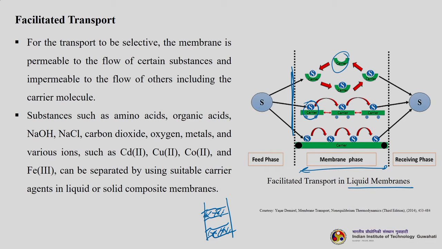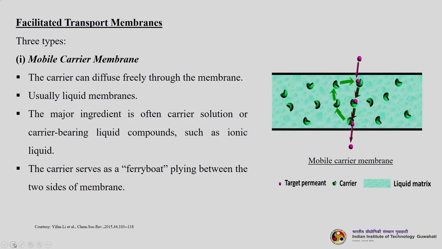Now, by virtue of the concentration difference, this carrier complex moves across the membrane. When it reaches this side, the receiving phase side, your solute gets dissociated and your carrier gets renewed basically. So, this is how the facilitated transport happens.